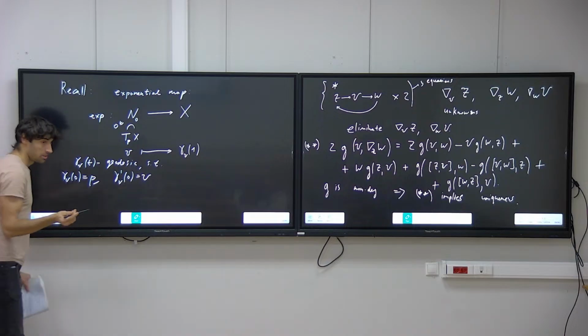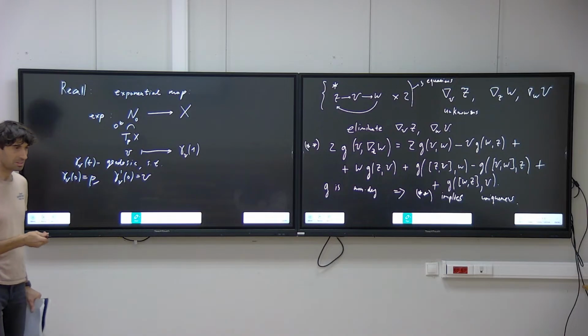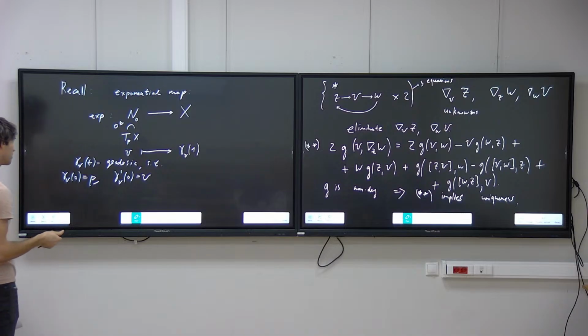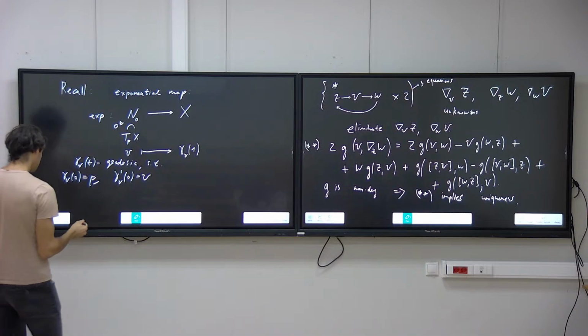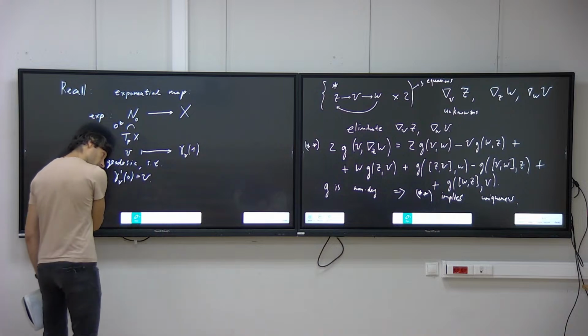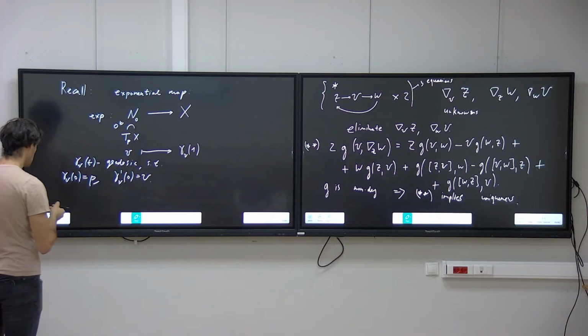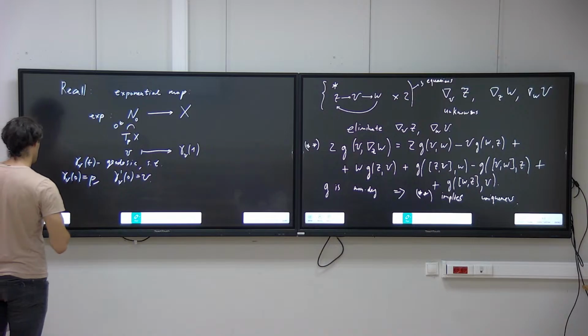There is some neighborhood like this. Well, we didn't prove it, but I left it for a seminar. You just need to look closely at the geodesic equation to prove that.